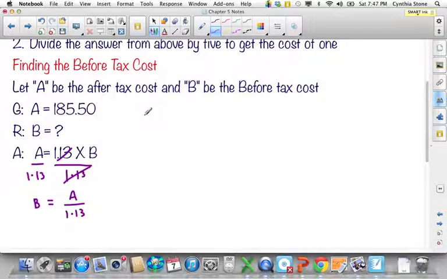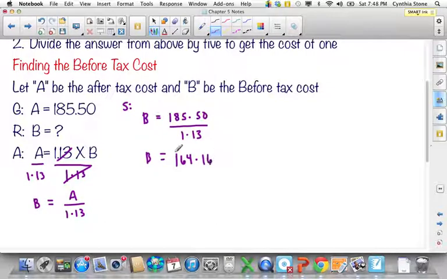We substitute and solve: B equals 185.50 divided by 1.13, and I'm not going to do that in my head. I'd like to, but I can't. His before tax cost then is, but this is not the answer to the question, this is just the before tax cost, 164.16.